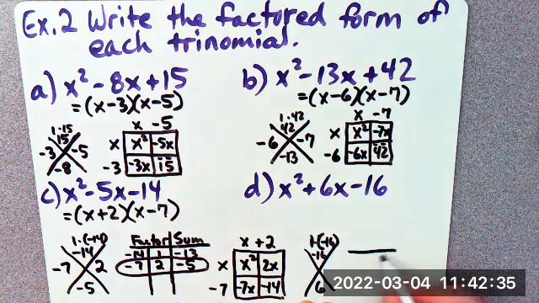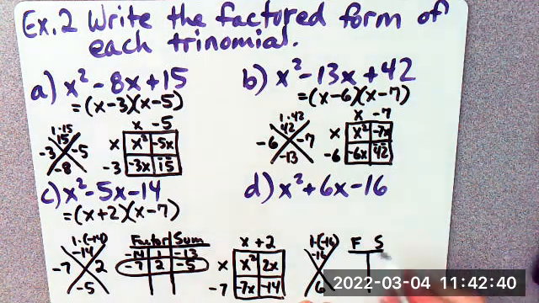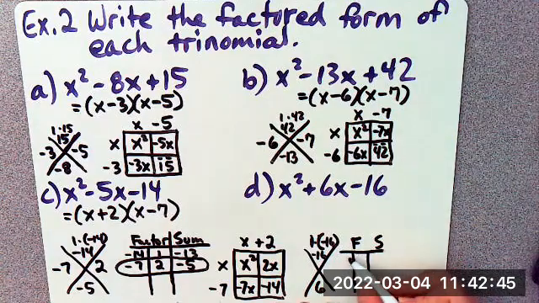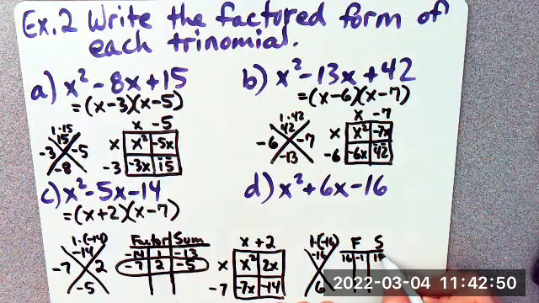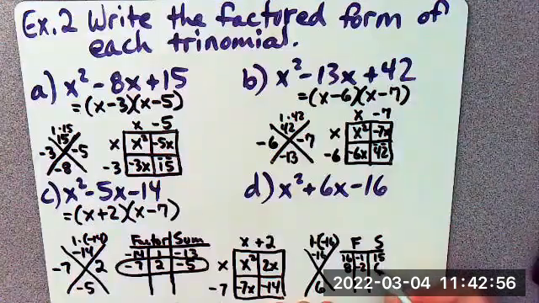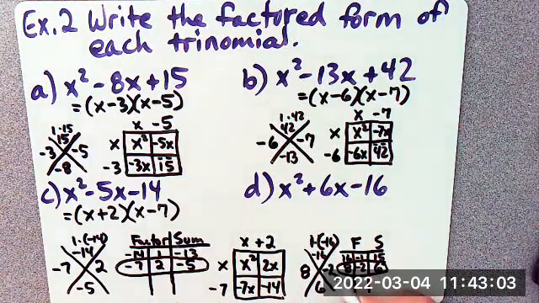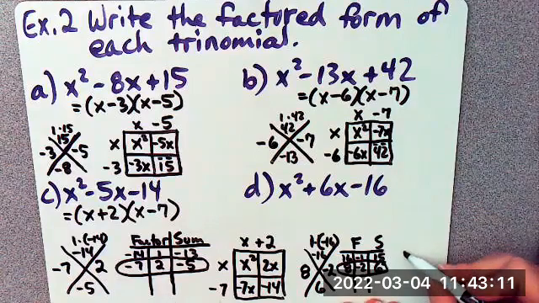So if we look at the factor sum, we want negative 16. So we have 16 times negative 1 would give us 15. Then we have 8 times negative 2, and that gives us 6. So there it is. So we put 8 and negative 2, which make negative 16. The product is negative 16, and the sum is positive 6.